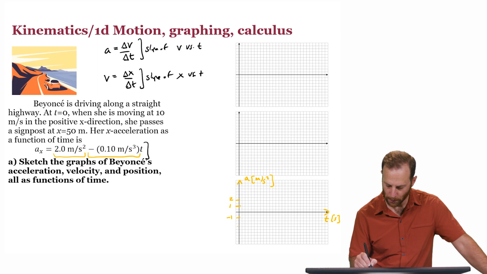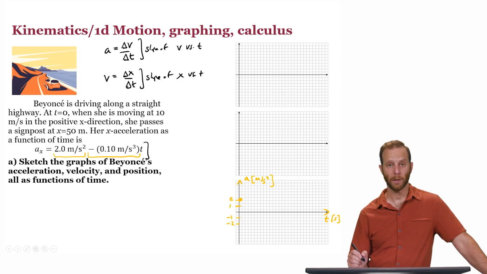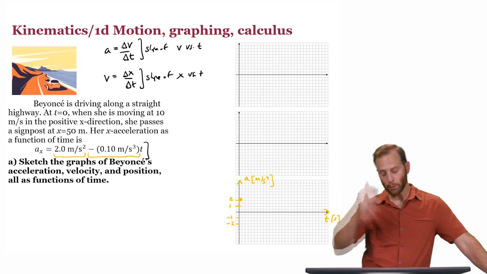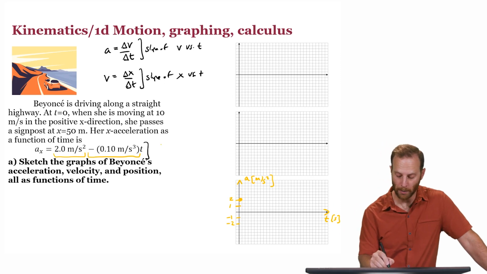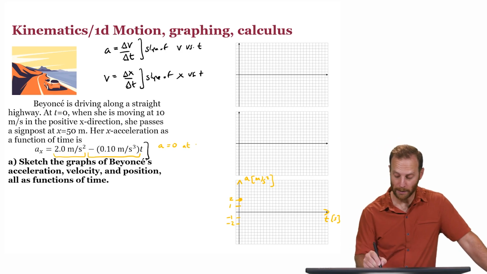This will be minus 1 and minus 2 meters per second squared. We know that the graph should begin at 2 meters per second squared and go down linearly. It goes down in such a way that it'll pass through 0 at a particular time, when the acceleration is equal to 0. You can solve for the time at which that happens. It happens at t is equal to 20 seconds.